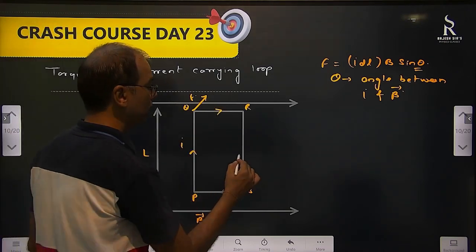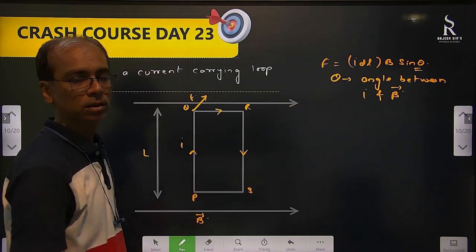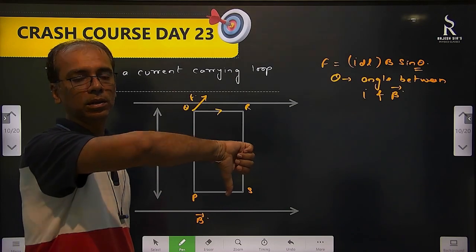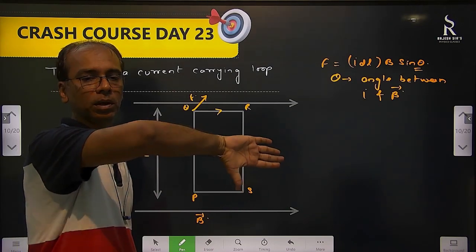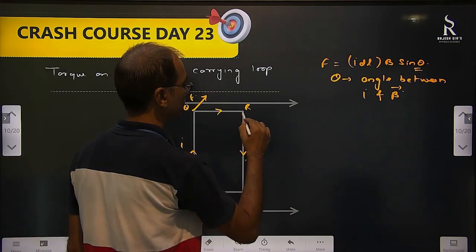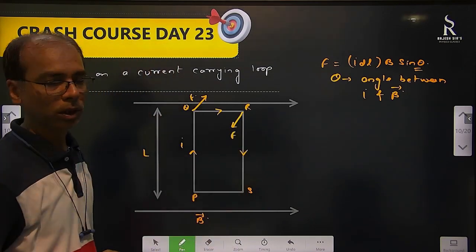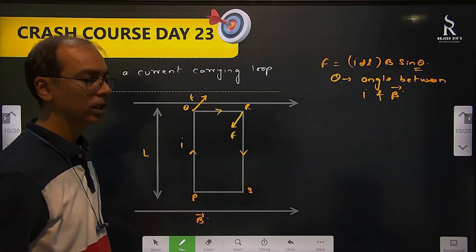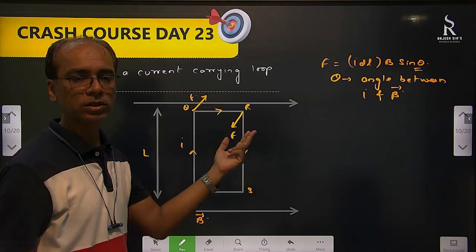Now on this one, here current is downwards, I. Magnetic field is like this. So what you will do? Again, current downwards, magnetic field like this. Where is my palm? Outside. So on this wire, force is acting outside like this. Then again on this one, force is again 0.